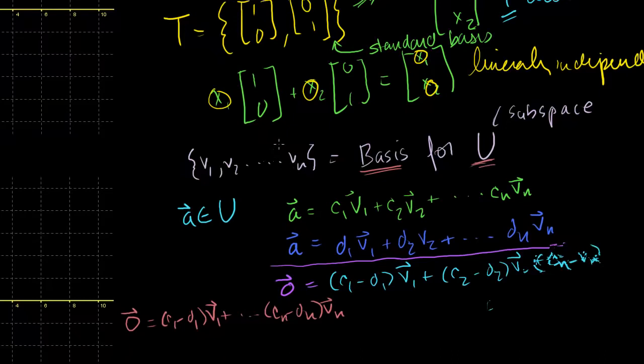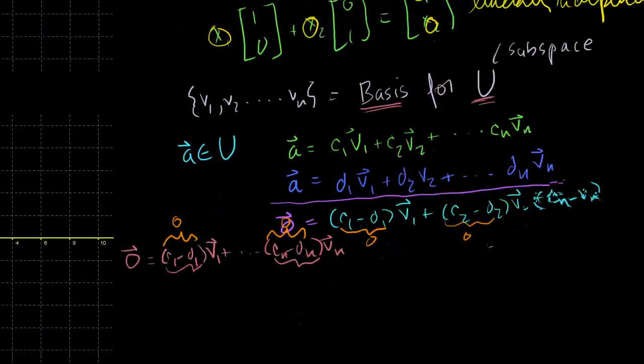So if they're linearly independent, the only solution to this equation, which is just a constant times v1 plus another constant times v2 all the way to a constant times vn, is if each of these constants equals 0. So all of those constants have to be equal to 0. This equals 0. That was the definition of linear independence. And we know that this is a linearly independent set.